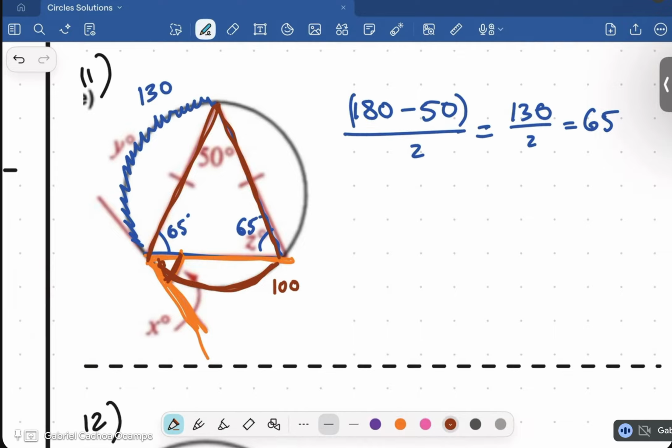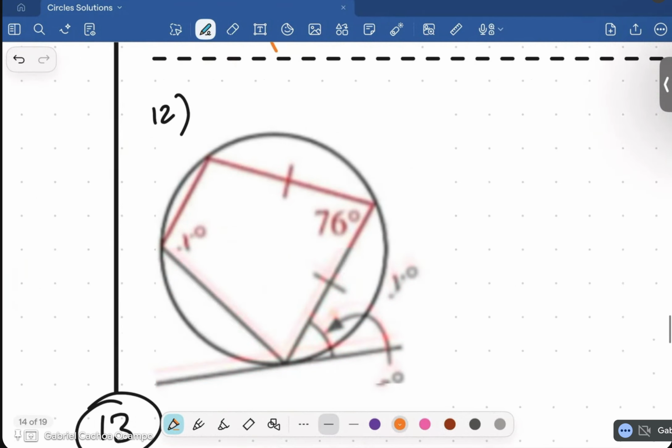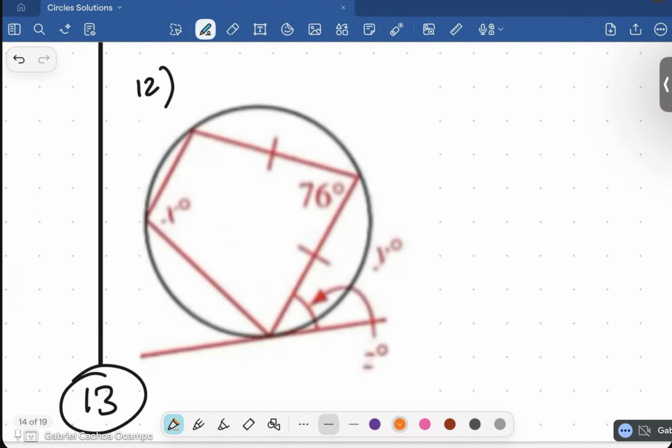So this angle, the orange angle X, is gonna measure 50, because it's one half of the arc. Okay. These two angles need to add up to 180. So X equals 104.